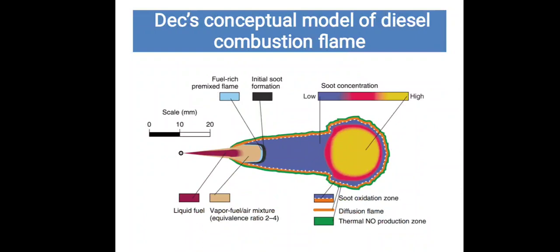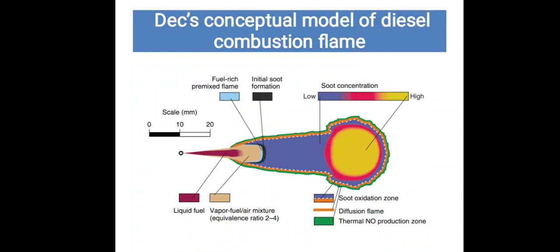The liquid length is the axial distance from the nozzle exit to the end of the liquid jet, as you can see in the figure. The liquid length controls the amount of oxygen entrained into the fuel jet and therefore the stoichiometry of the fuel rich zones.